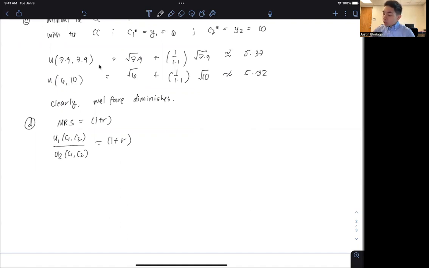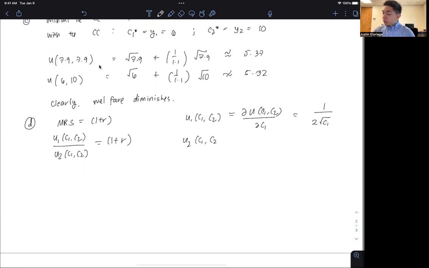So how do you calculate U1(C1, C2)? You just differentiate the utility function with respect to C1, and you get 1 over 2 square root of C1, right? And U2 is similar.